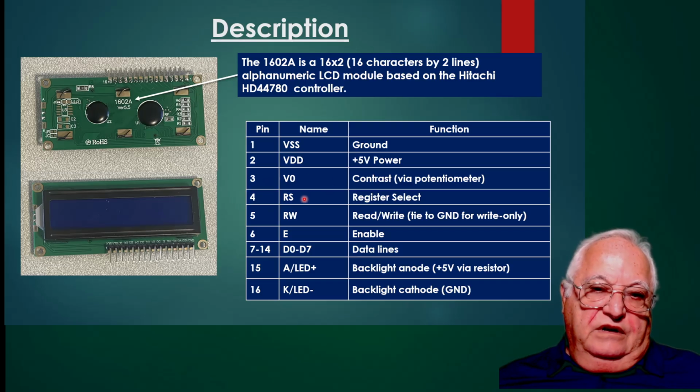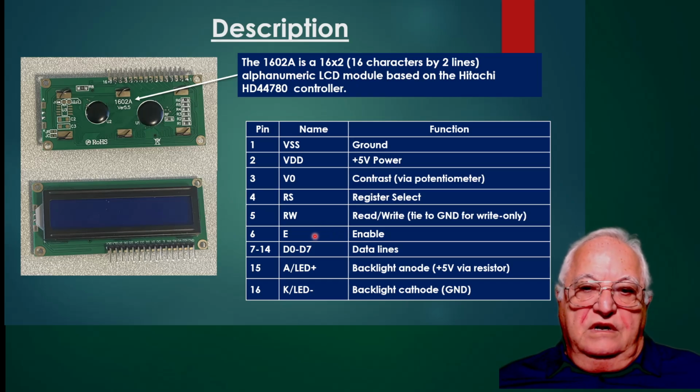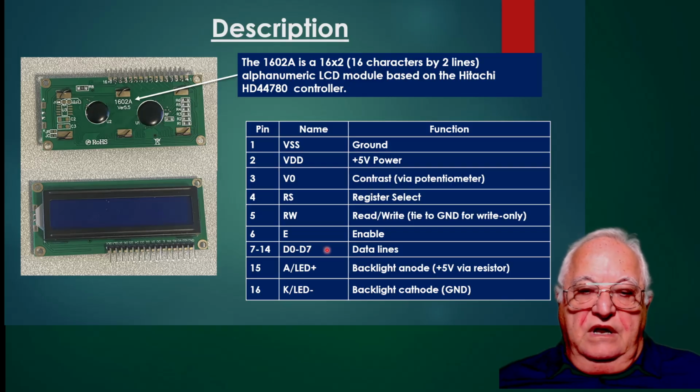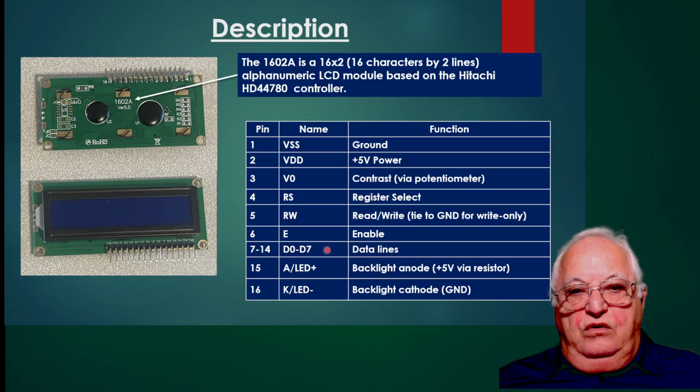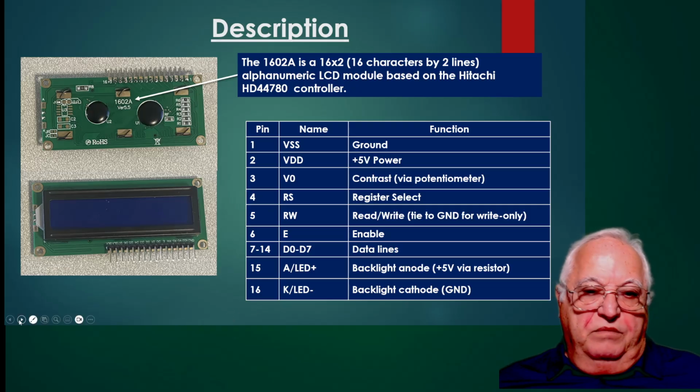Then you have the register select, read/write, the transmission enable, and then you have 8 lines, D0 through D7. That's where you're going to put the value of the ASCII code that you want to transmit to the display from the controller. And finally, you have a couple of lines for ground and power for the backlight of the display.